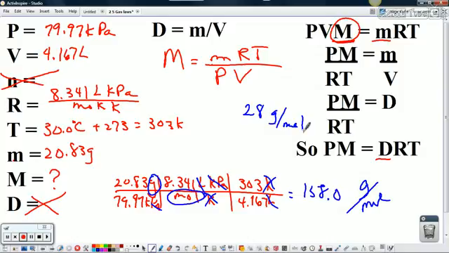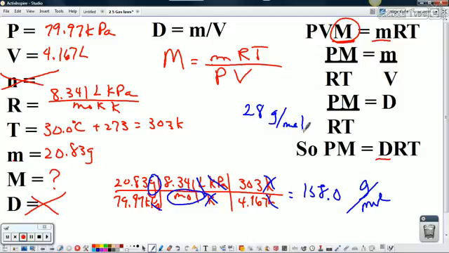Can it be N? Yes, because N is diatomic. So 14 times 2 is 28. So it's probably N. Is there one of the noble gases that's about 28? That's our best guess.